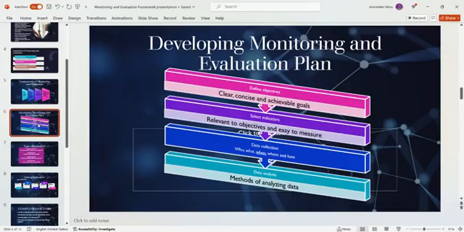Because if you are evaluating something, this program has not really done so much, and you are collecting data at the beginning of that, but you want to use this data maybe a year later, that data won't be relevant.